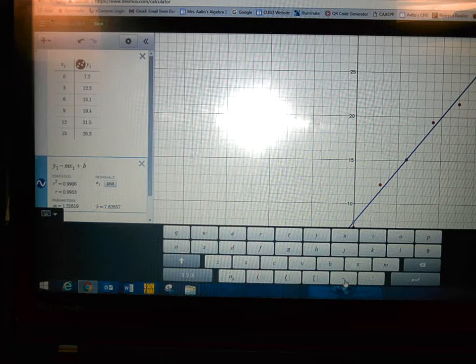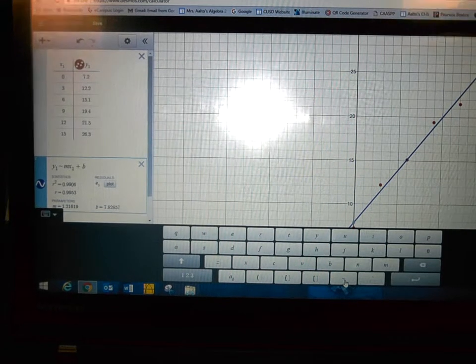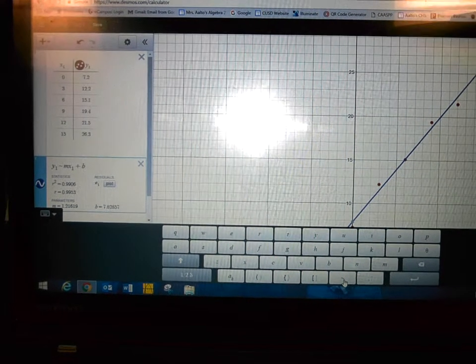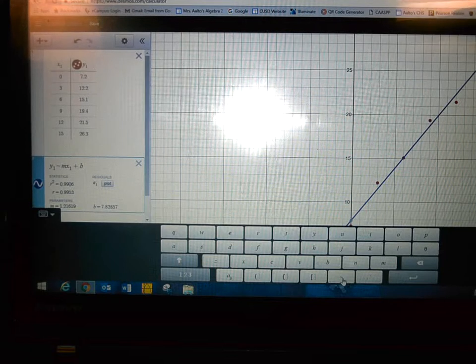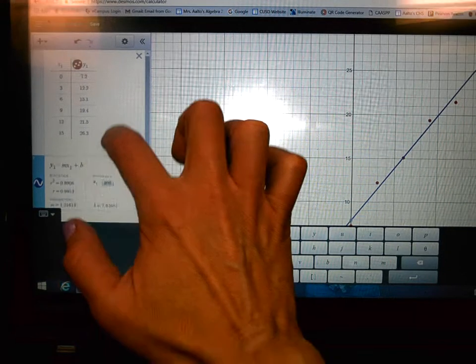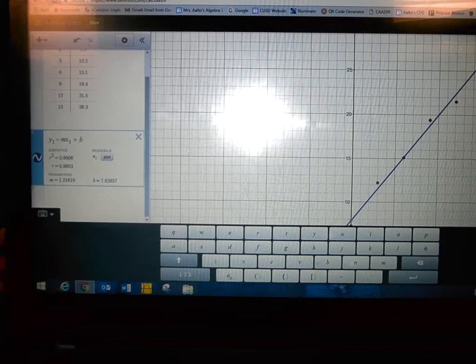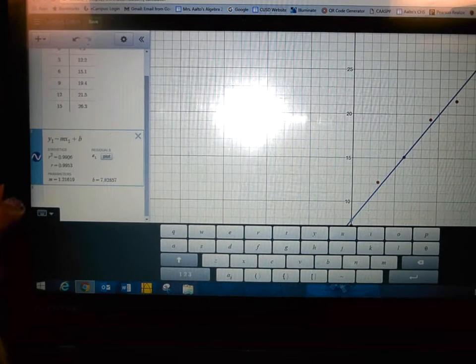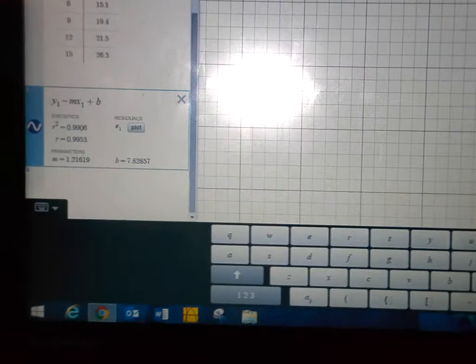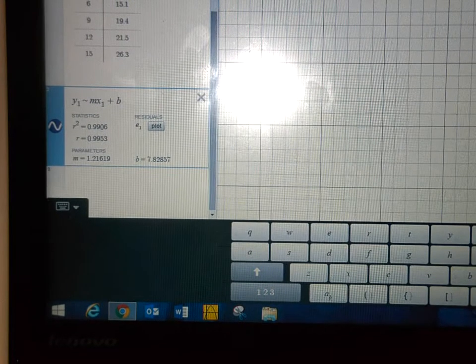And do you see how a line has now been drawn on your graph? Yes? Okay. Now, if you look over here, it's telling you that M equals something and B equals something. Do you guys see that?